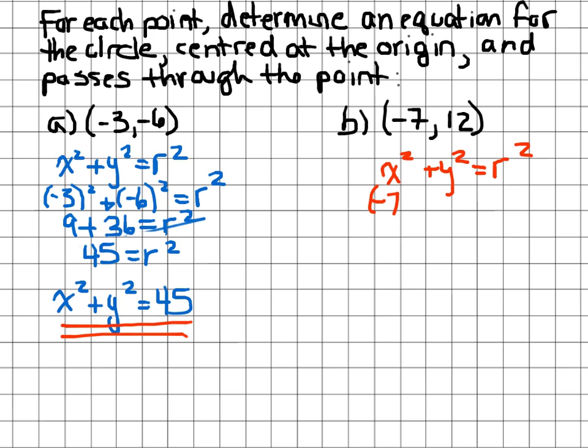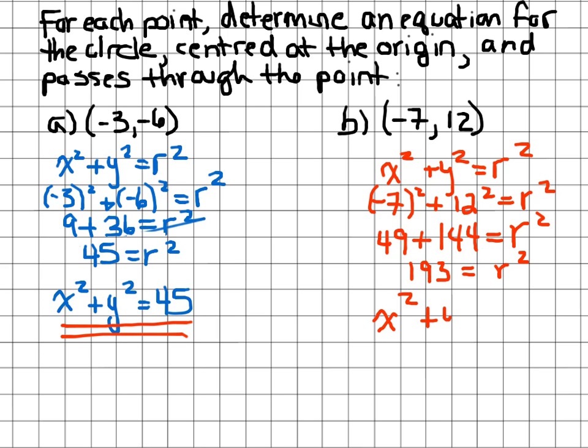So I have minus 7 all squared plus 12 squared equals r squared. 49 plus 144 is r squared, which is 193. So therefore my equation is x squared plus y squared equals 193.